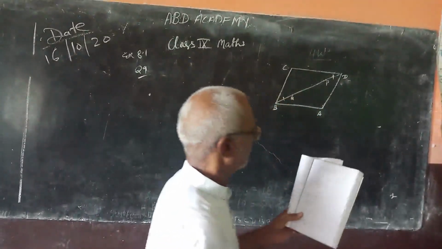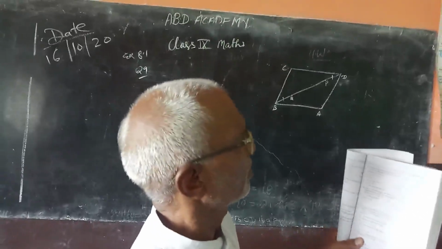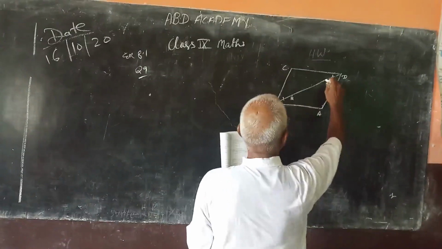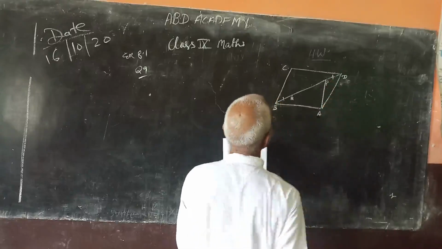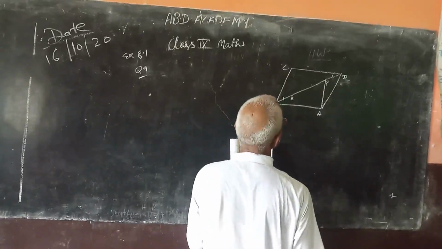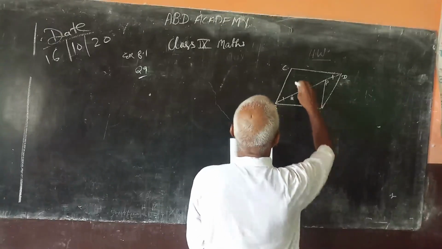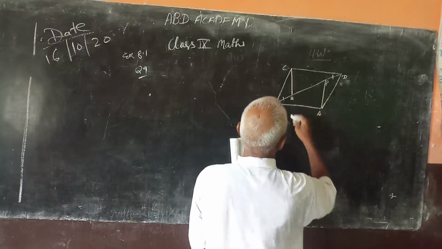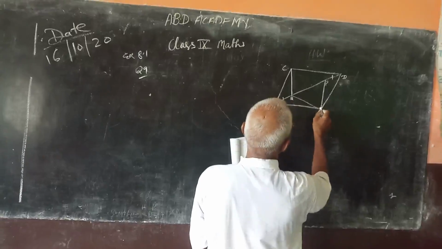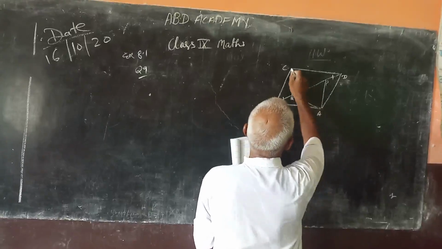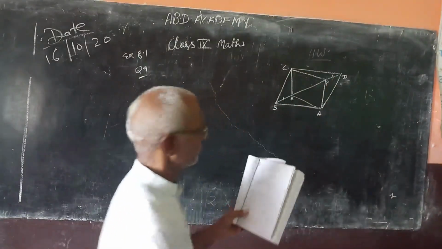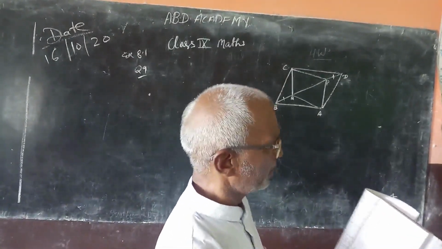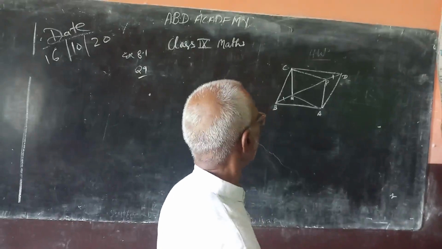Then 5 things here are to be proved. In the figure, AP and CQ, here AQ and one more, CP, are joined this way, so that triangle APD is congruent to CQB.